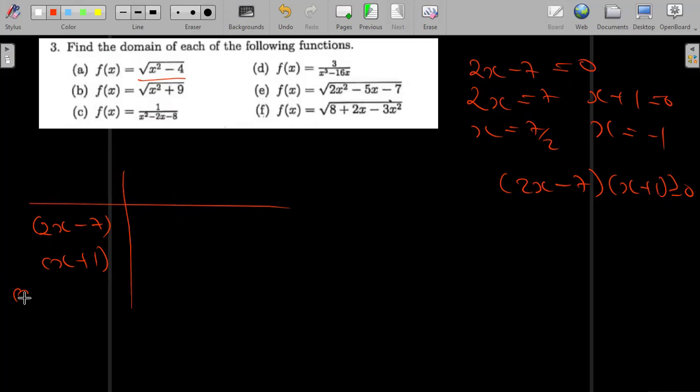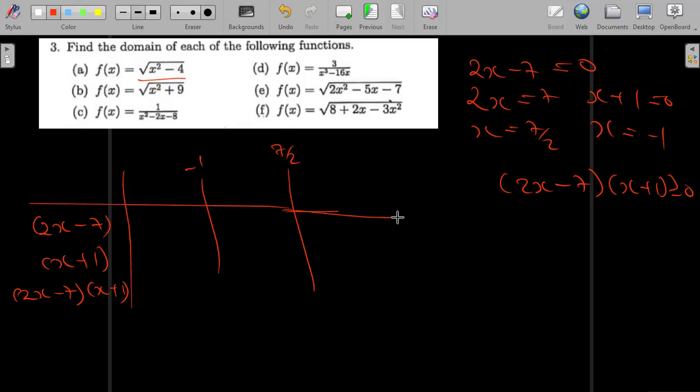Then you set your critical points: negative 1, and the other one, 7 over 2.